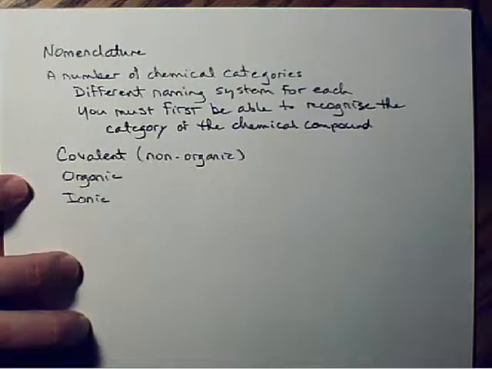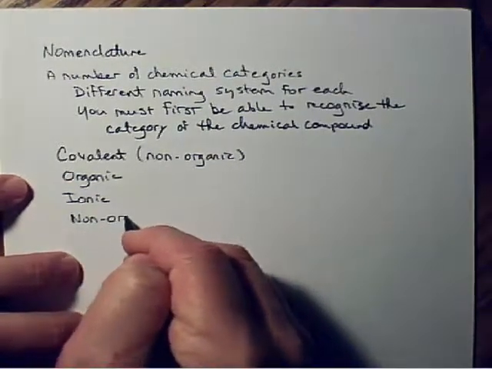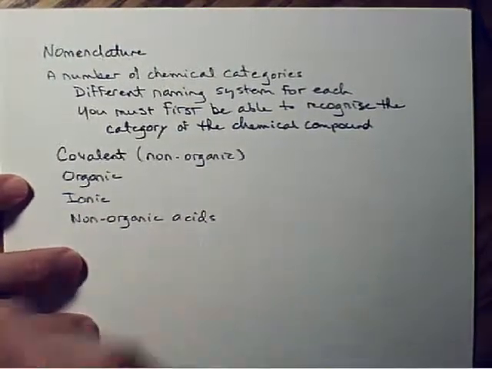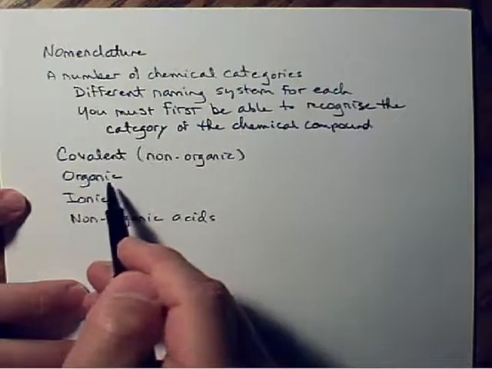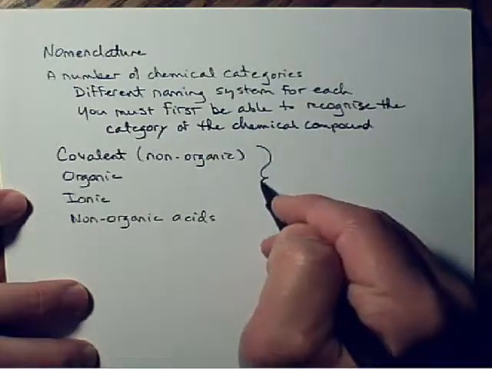And then we have to learn to name the non-organic acids. Now the organic category includes some acids. So there will be some acids under the organic category that you have to name as an organic acid. So you have to recognize when you have an organic acid and when you have a non-organic acid. So these are broad categories.